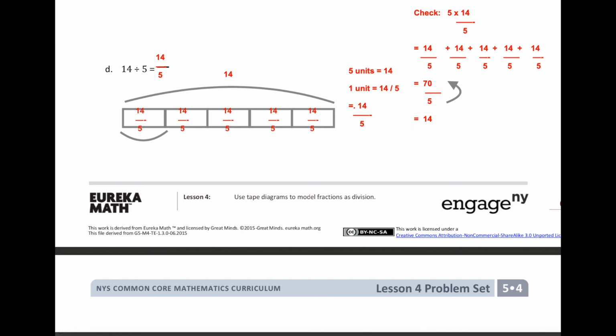Or in other words, 5 times 14 is equal to 70.